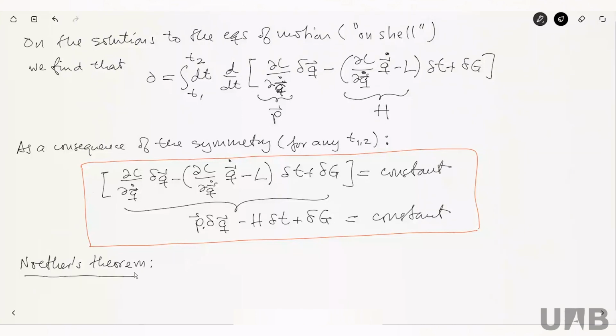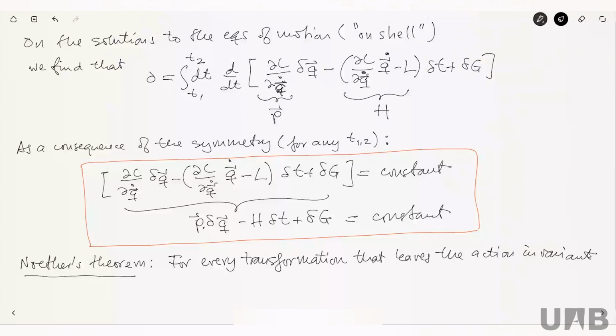Which says that for every transformation that leaves the action invariant, there is an associated conservation law, given by a star, and this is a star.